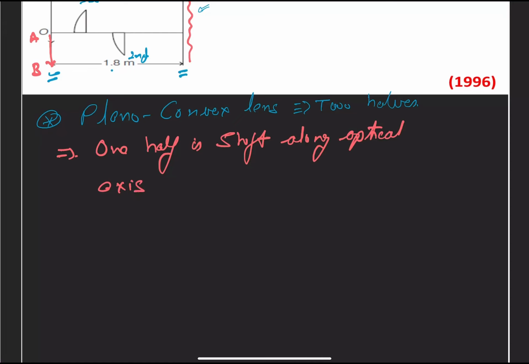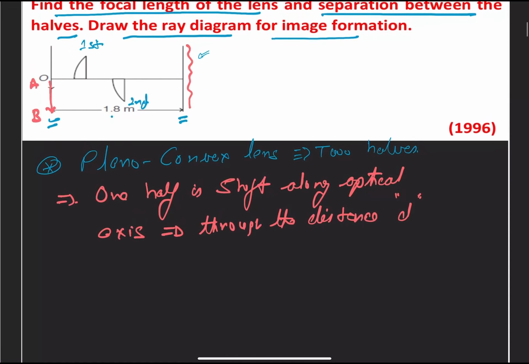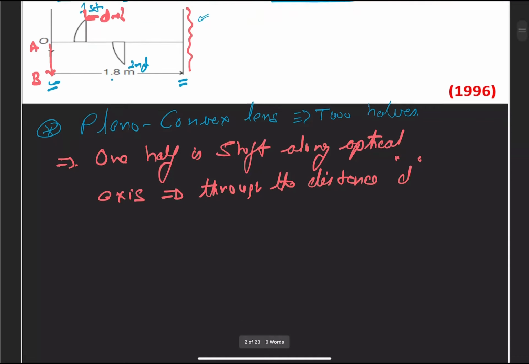Let us suppose the distance through which this one half is shifted is d. So we have d as the distance between the two lenses.